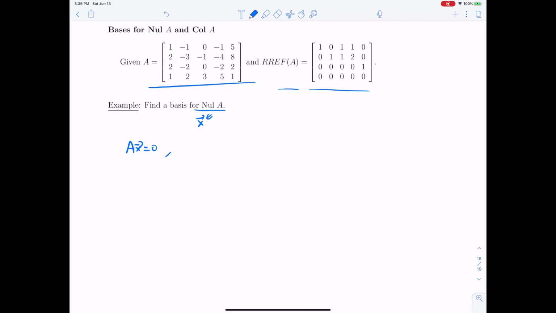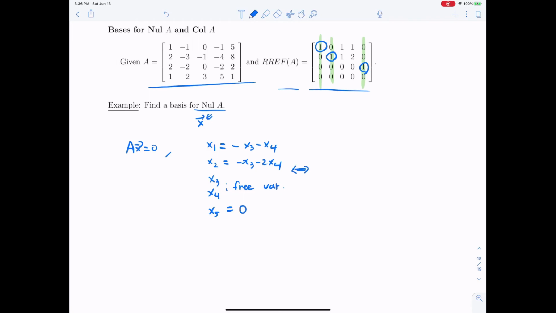If you solve this equation, we have pivot positions here, here, and there, so we can tell that x1, x2, and x5 are basic variables. So x1 equals negative x3 minus x4, x2 equals negative x3 minus 2x4, x3 and x4 are free variables, and x5 equals 0.